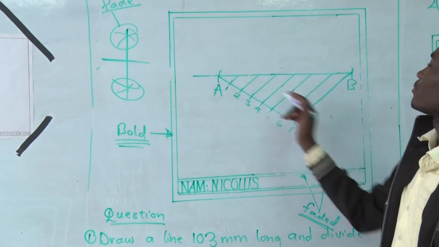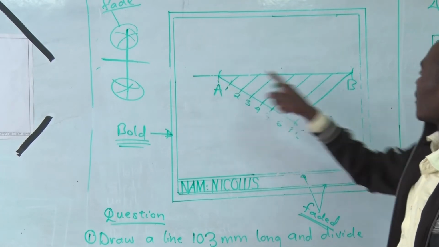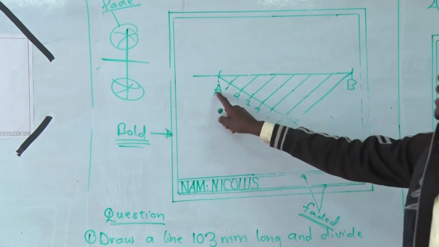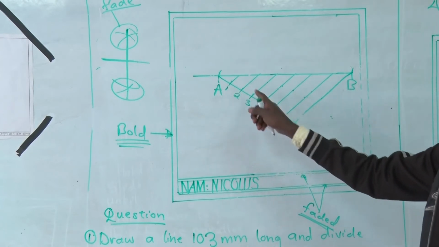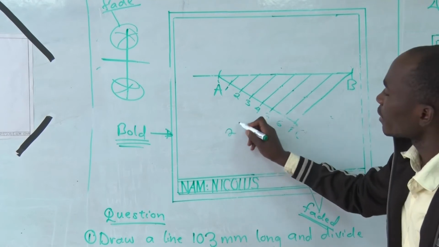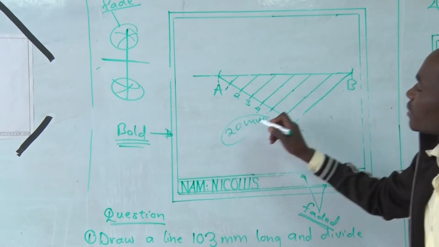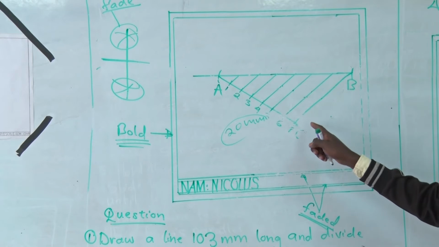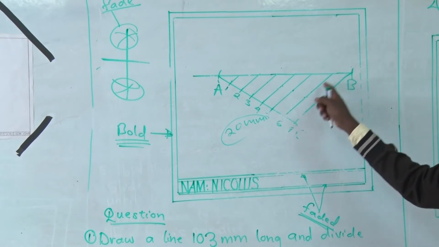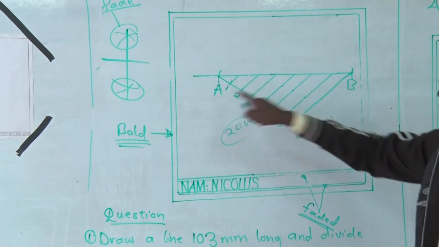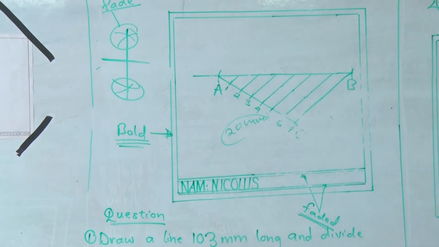So this is the line that we are interested in, line AB, and we have used line AC, whereby we have made some arcs of a distance of around 20 millimeters from each other to subdivide them and get how we will subdivide this line AB into proportional parts.